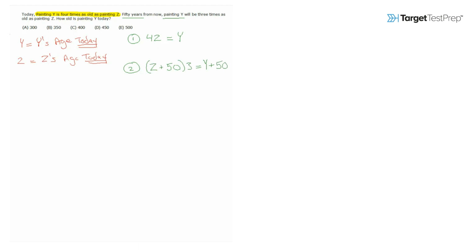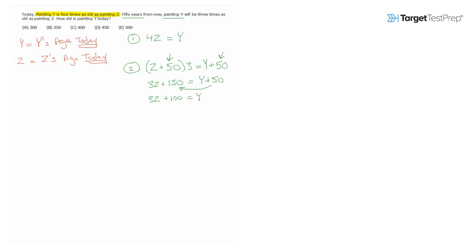So notice I added the plus 50 to Y, and again, I added the plus 50 to Z. We distribute the 3, that gives us 3Z plus 150 equals Y plus 50. We bring the 50 over, so we have 3Z plus 100 equals Y.